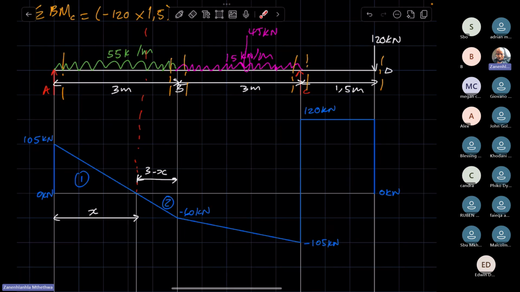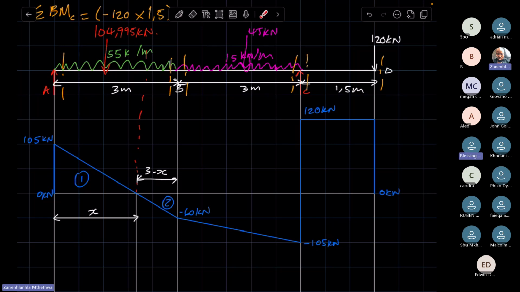Because we are only considering this span, we multiply the 55 by this span, which is 1.909. So 55 times 1.909, I get 104.995, which is in kilonewtons.